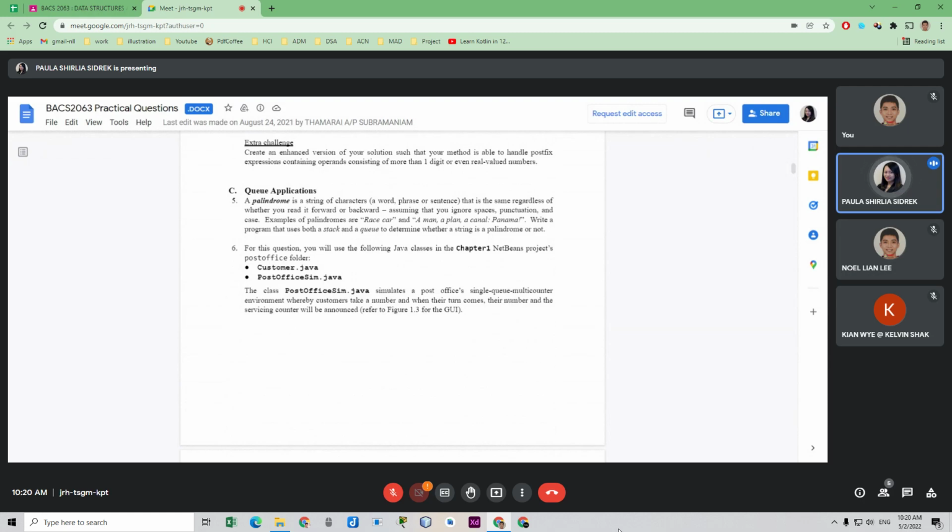Number 5 is easy, palindrome. It's very simple and straightforward how you actually display whether or not a string is a palindrome. If you input a word, it should be able to tell you whether the string is a palindrome or not, based on the logic of your algorithm.